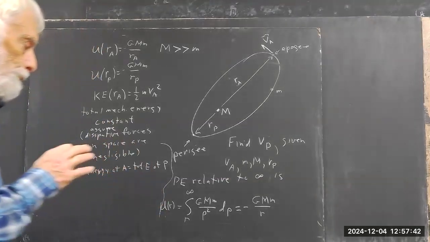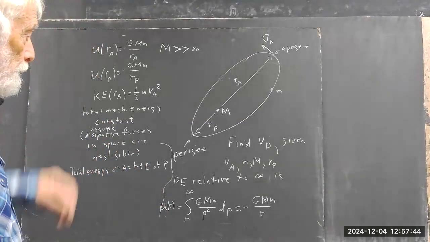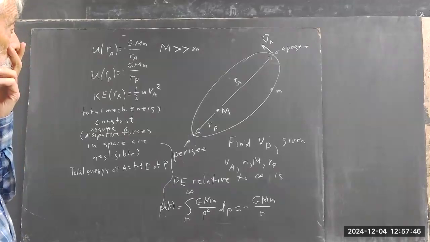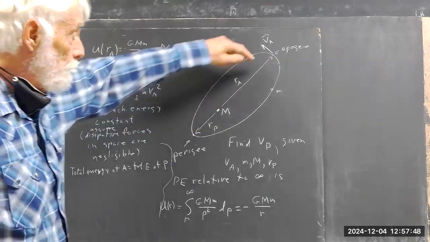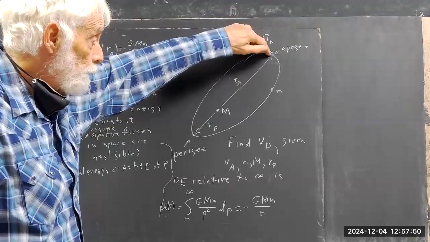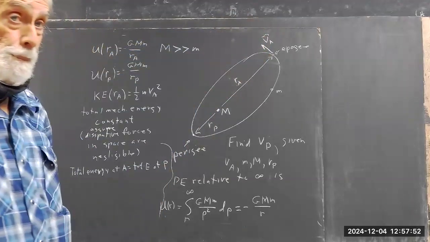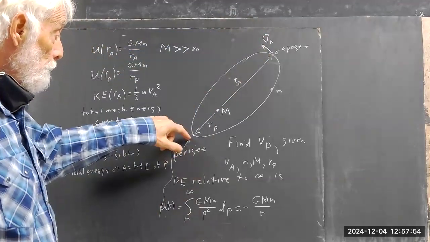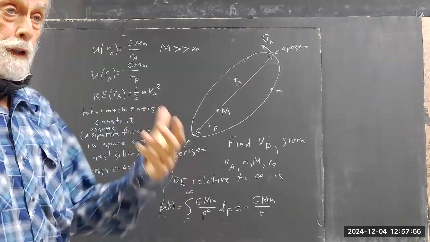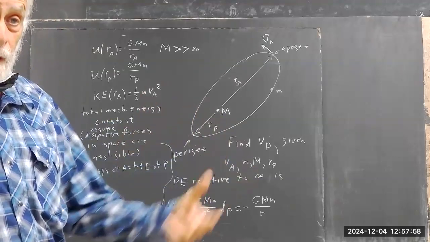Now let me state right now, if you know the velocity and distance at apogee, and you happen to know what the perigee is, this is going to work to give you the velocity at the perigee.